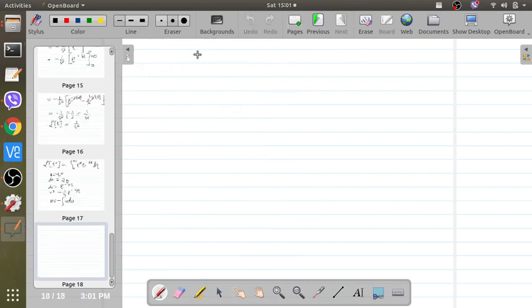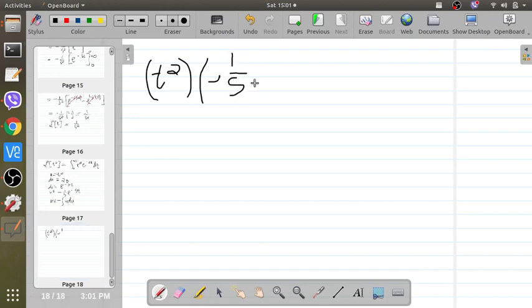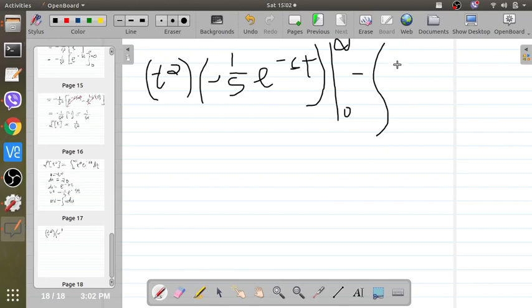Just substitute the given values. So u is t squared multiplied by v, which is negative 1 over s e raised to the power of negative st, with limits from 0 to infinity, minus the integral of v du from 0 to infinity.